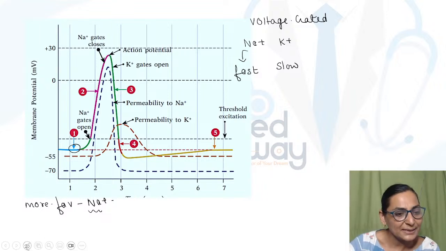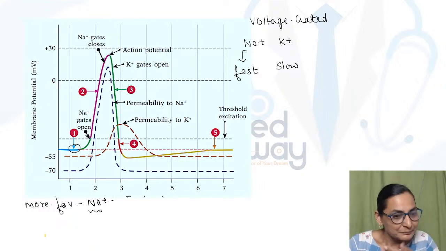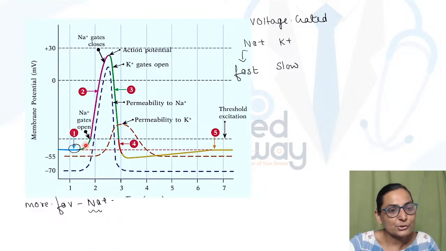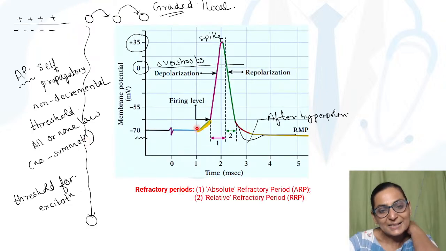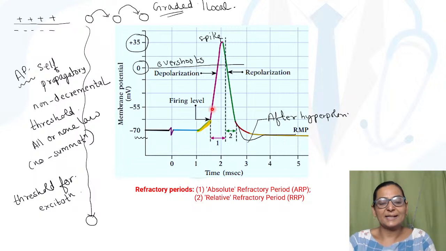So you can see that, yes, as soon as you give a threshold stimulus, this is crossing of the threshold for excitation. Opening of the sodium channels is an example of positive feedback mechanism, right?